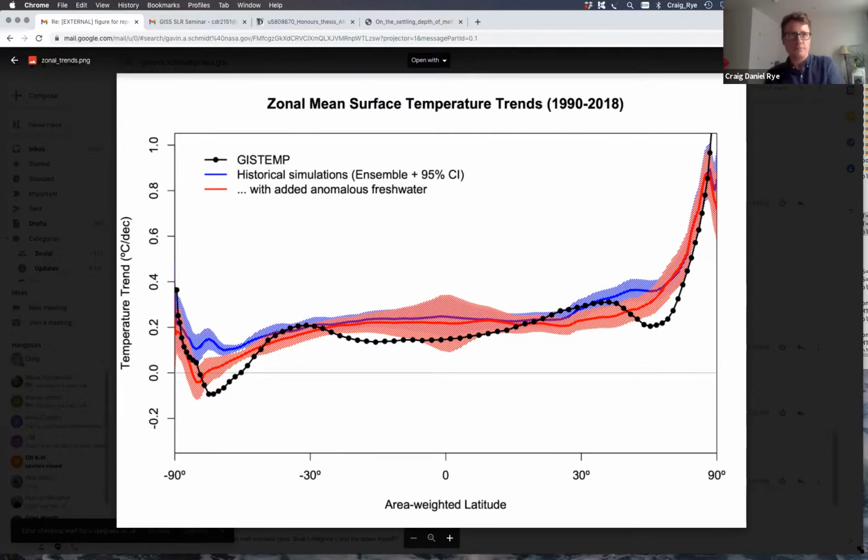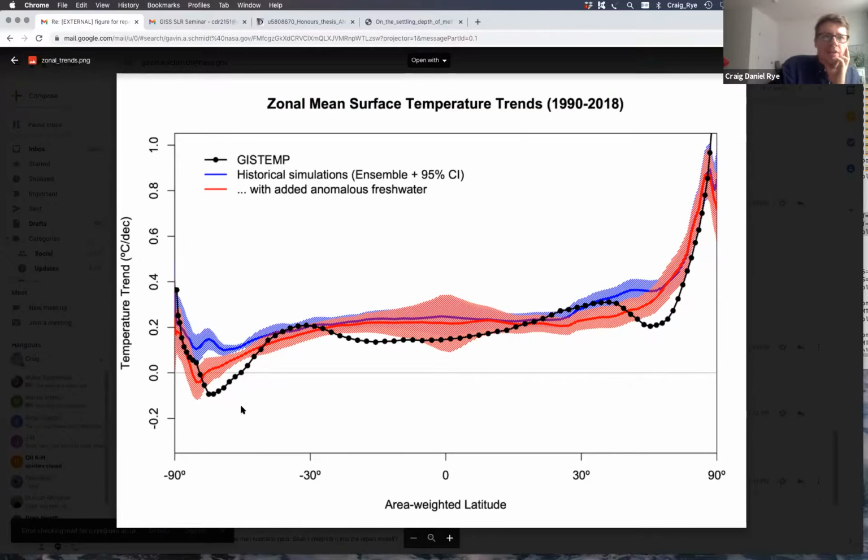I essentially just added meltwater around Antarctica and Greenland, along with observations, where Antarctica is both from the grounded ice sheet and from the ice shelves. The blue line here shows the historical simulations without meltwater forcing. The red line shows it with, and the black line shows the temperature observations.